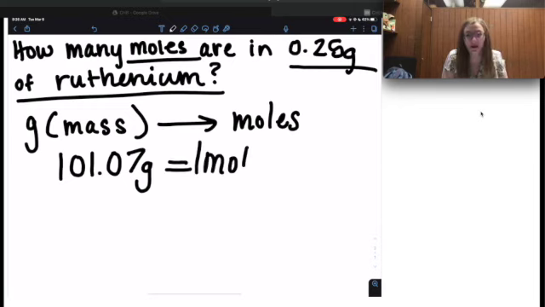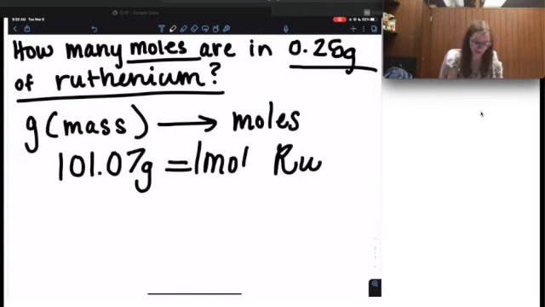And now remember, we're getting this information off the periodic table specifically for ruthenium. So ruthenium is going to look different than cesium, different than boron, different than iodine. They have all different sizes and masses. So remember, you're getting each individual value for whichever kind of element you have off the periodic table when it comes to the molar mass. So I got 101.07 grams equals 1 mole from the periodic table, okay?